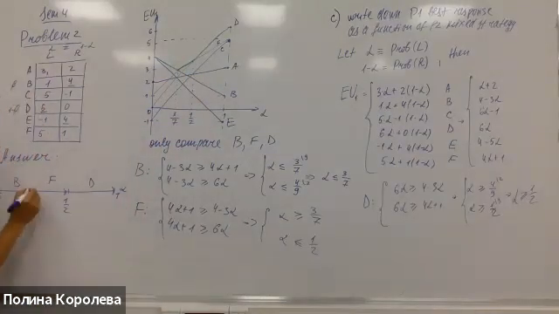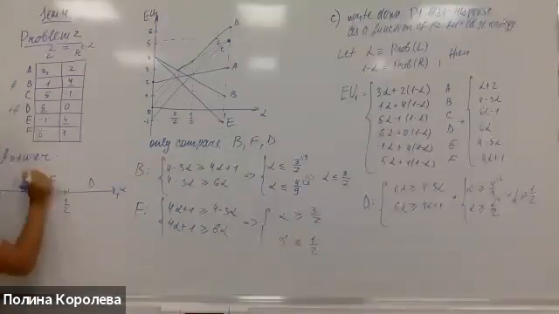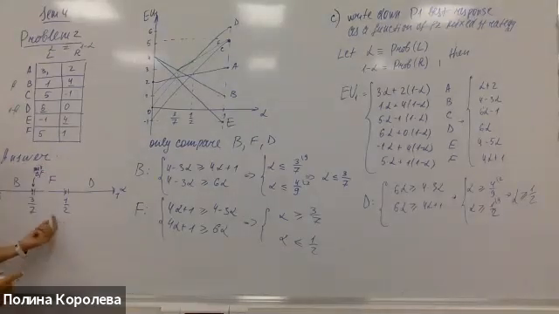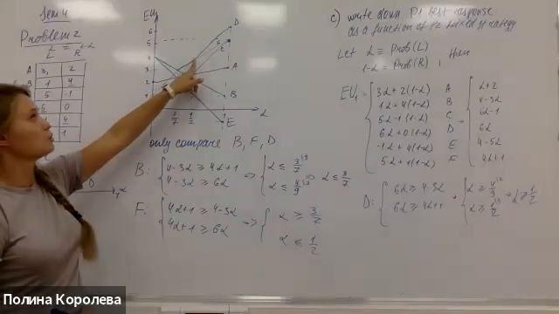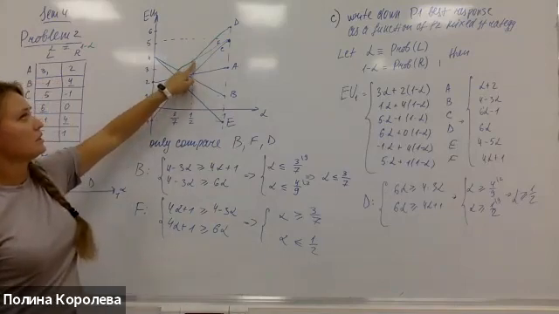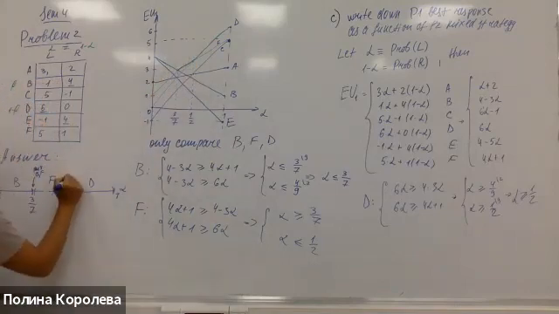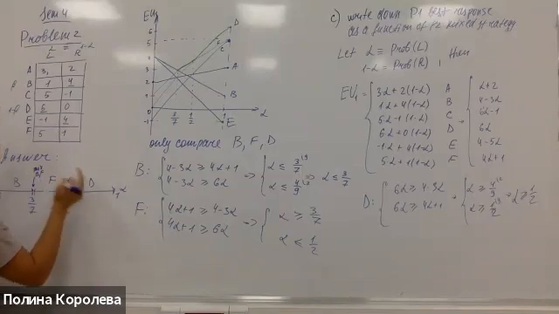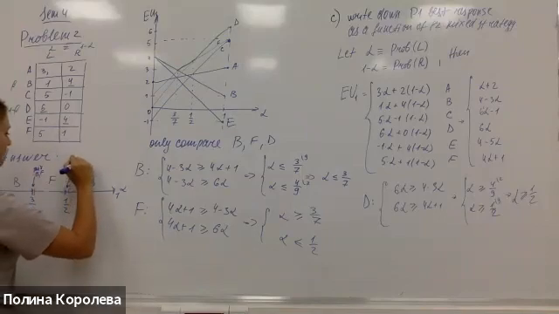So here, if alpha is equal to 3 divided by 7, we play a mix of B and F. If alpha is equal to 1/2, we are indifferent between F and D. Why? Because they give us the same expected utility. So here we can play F or D or mix them.